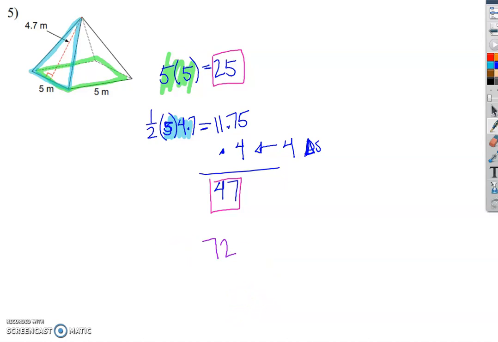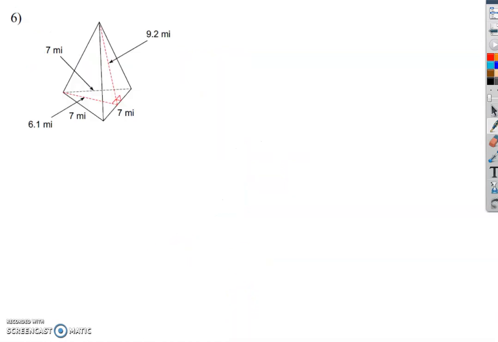I got one more for us here. This one's a little bit more complicated looking, but the steps are still the same. We're going to find the area of the base, which I've highlighted here in blue. The base is a triangle.